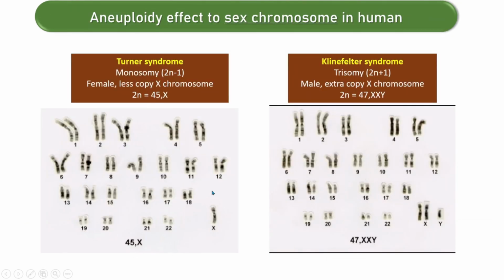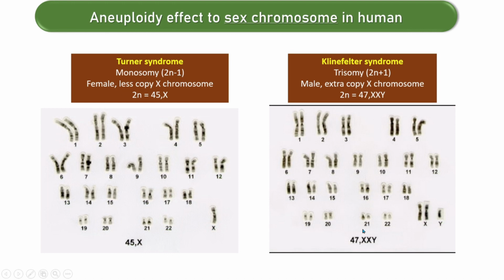This is a karyotype of Turner syndrome individual. There are 45 chromosomes, and the sex chromosome only has one copy instead of two copies of X chromosomes, which is normal in female. Since only one copy of sex chromosome, Turner syndrome is a monosomy, 2n-1.